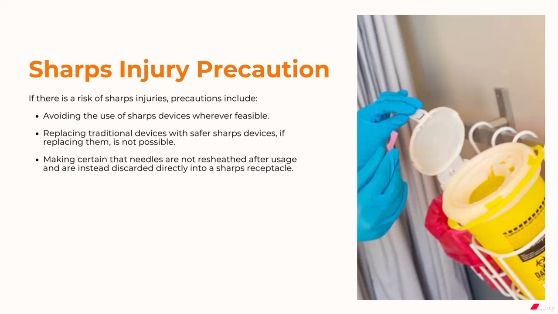If there is a risk of sharps injuries, precautions include avoiding the use of sharps devices wherever feasible, replacing traditional devices with safer sharps devices if replacing them is not possible, making certain that needles are not reheated after usage and are instead discarded directly into a sharps receptacle.